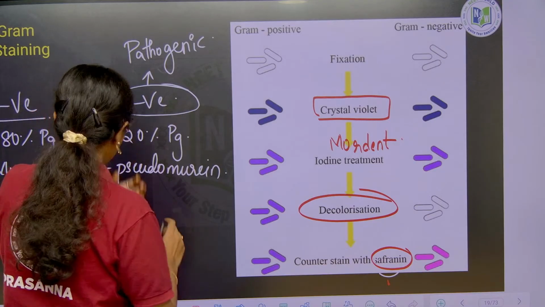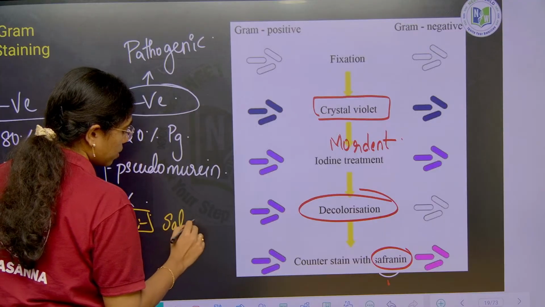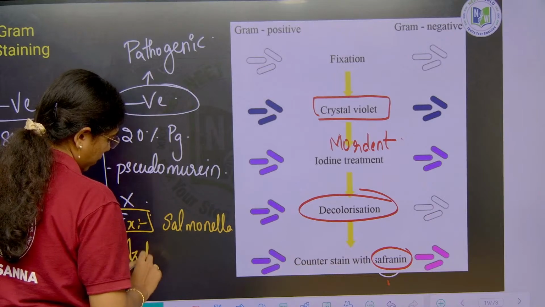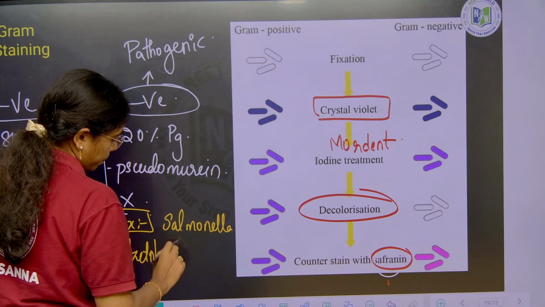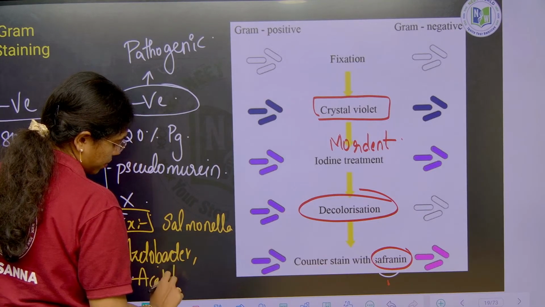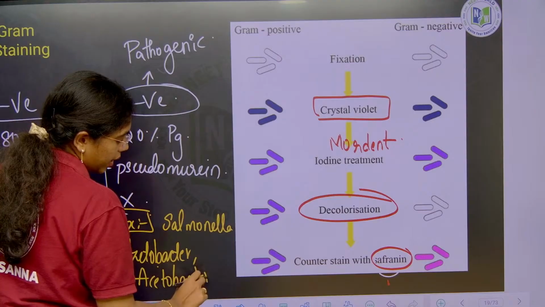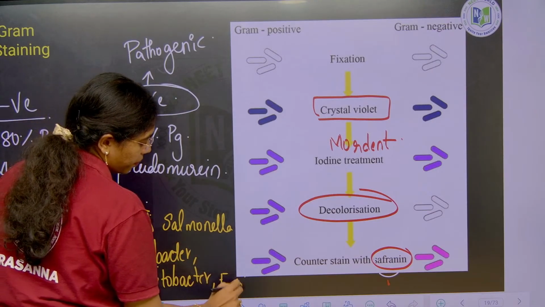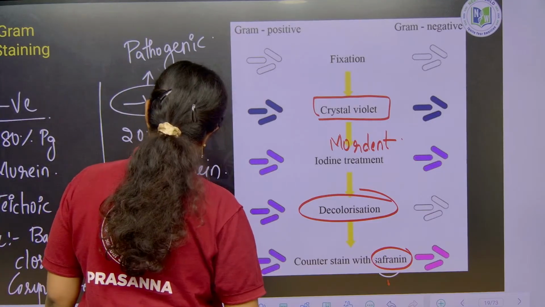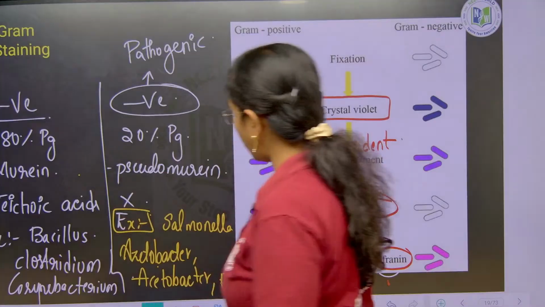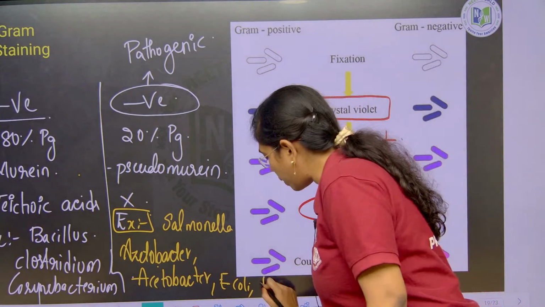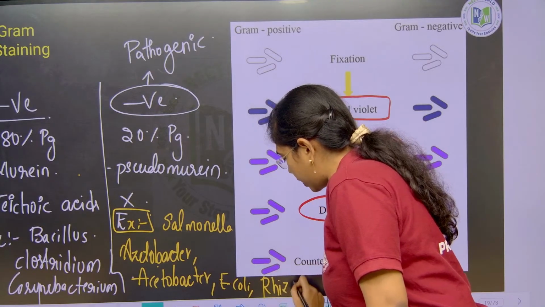Examples here include Salmonella, Azotobacter, Acetobacter, E. coli, and Rhizobium, which helps in nitrogen fixation.